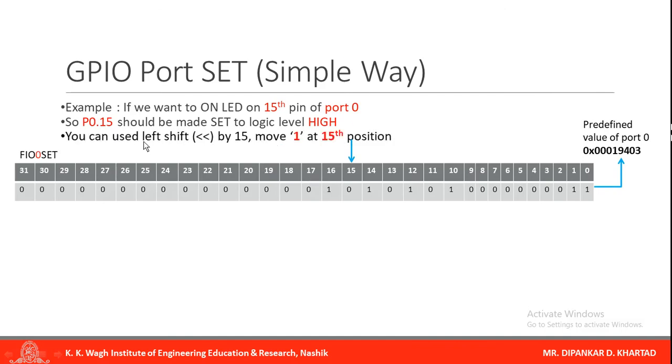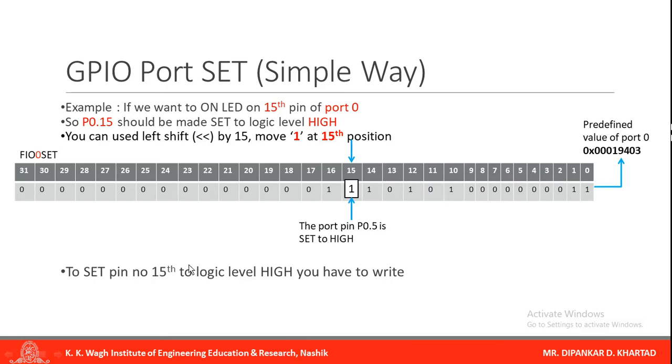You can use the left shift operator by 15. How much will we move? We'll move 1 to the 15th position. So like this, this pin is now set to high logic. So how will we write the instruction to set the 15th pin high? Like FIO0SET = 1 << 15. So the 15th pin should be set to high.